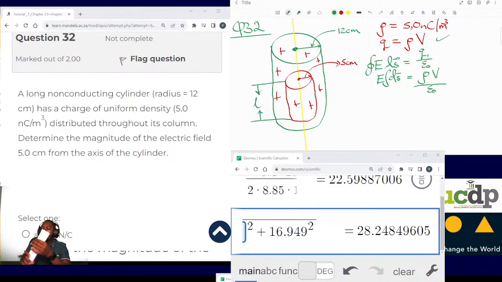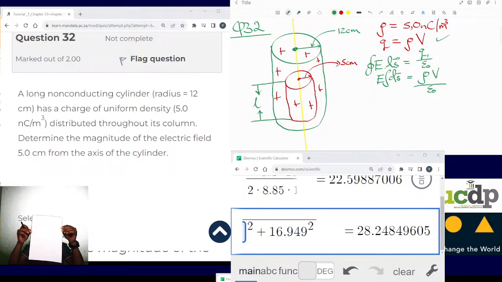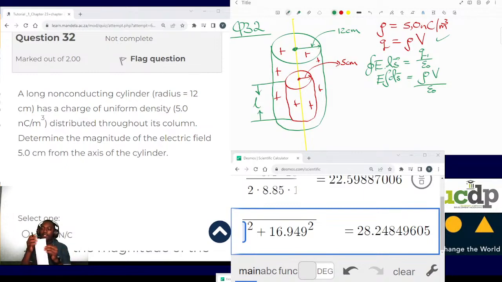If you cut this cylinder, what do you remain with? You remain with a rectangle, which has our width and our length. This top part was forming the circumference. So it is the circumference times the length to calculate the surface area of our Gaussian surface.